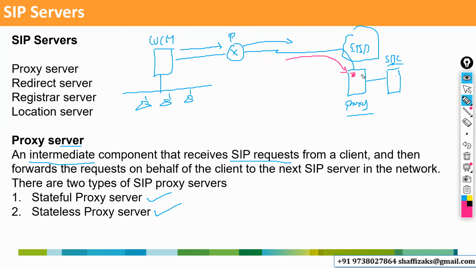It stores them in the local cache, then forwards the request to the next server for future purposes. Stateless means it's not going to store any information locally, it just forwards. That is the difference between stateful and stateless proxy server.